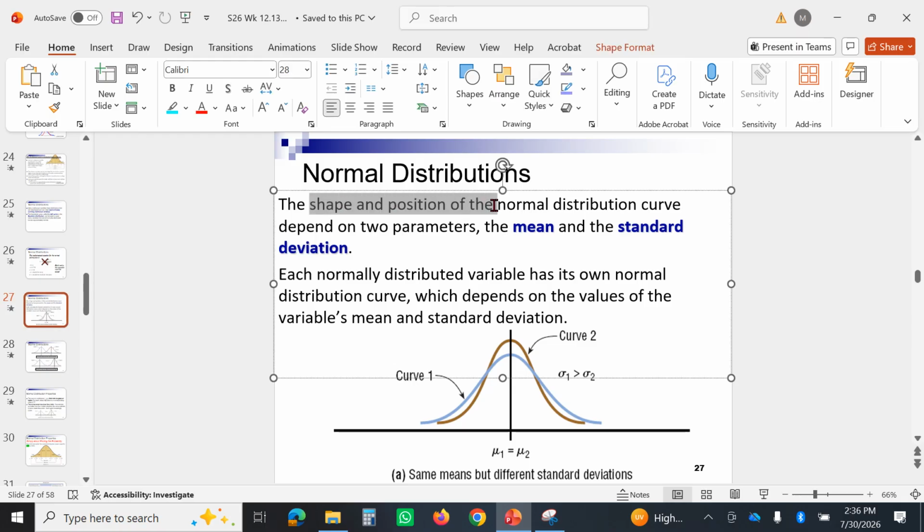The shape and position of the normal distribution curve depends on two factors and two factors only. There is the mean, the axis, the measure of central tendency. Where is that Gaussian curve on this axis? As well, there is the standard deviation, the spread of the data.